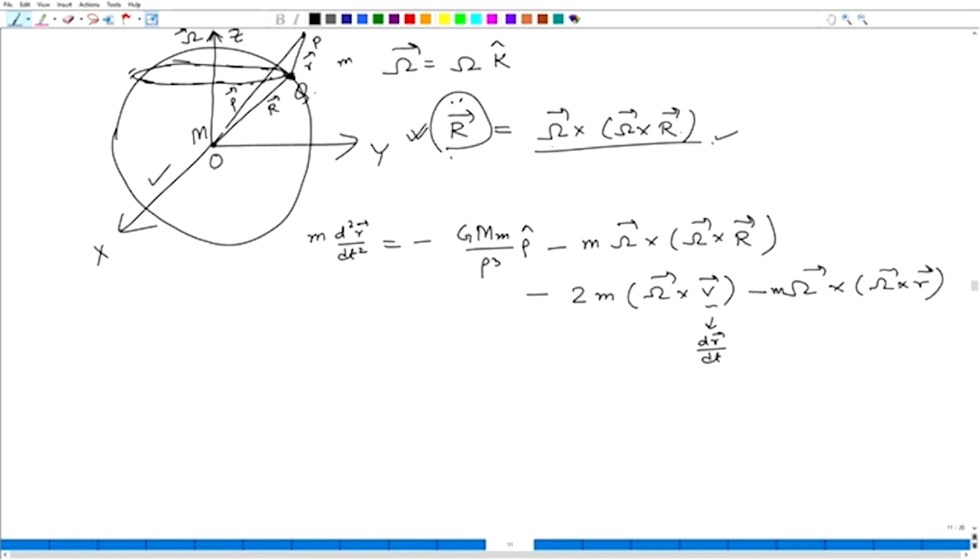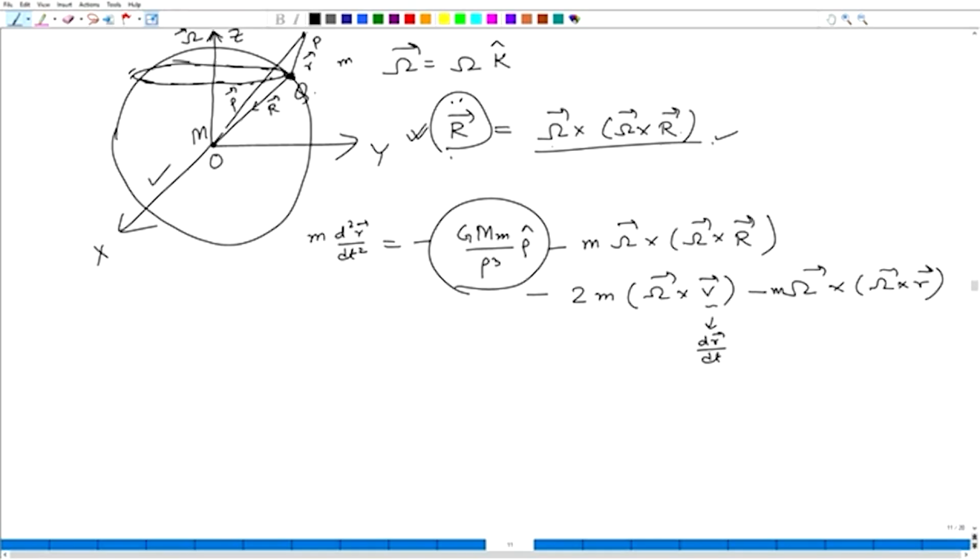We are neglecting the Euler force. Now, if we have all this, we can realize that this term is along this rho cap direction, and this one is actually omega cross omega cross r, which is radially inward.